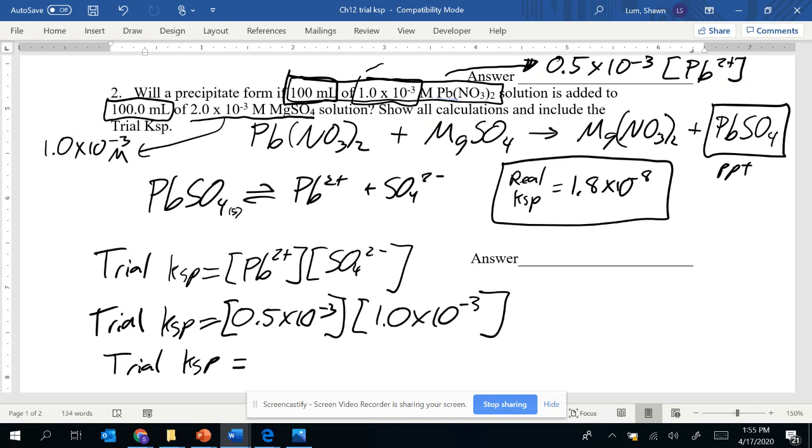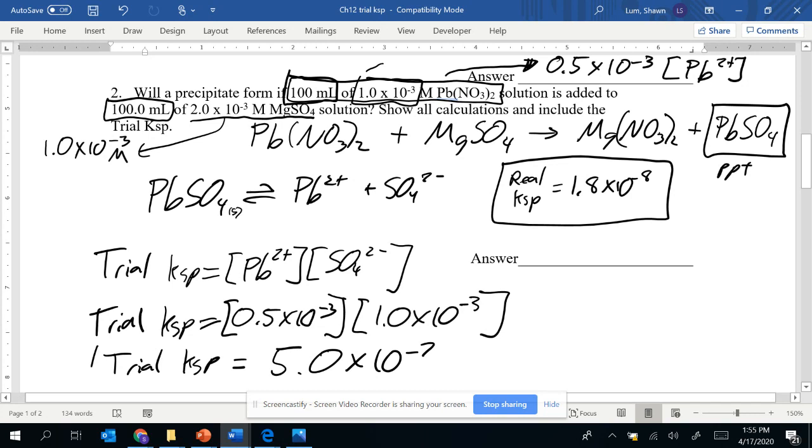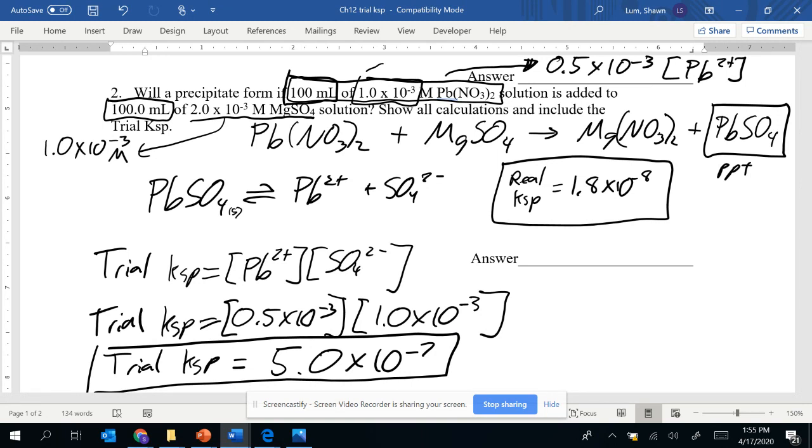And that equals 5 times 10 to the minus 7. Well, we got 2 sig figs, so it's going to be 5.0 times 10 to the minus 7. And so that is our trial KSP. So the question is not asking what is the trial KSP. Well, it kind of asks what's trial KSP.